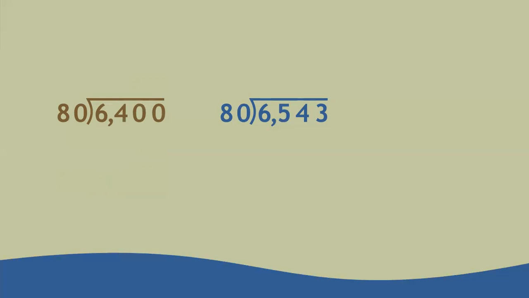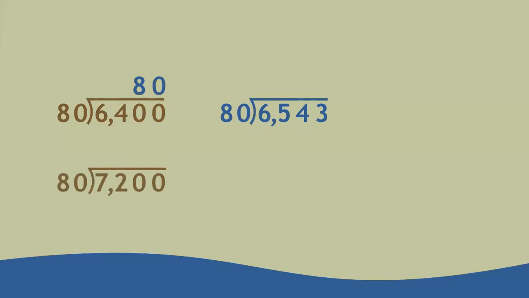So if we were to look at it like that, we could simply put 80 into 6,400, sorry guys, and we would get 80. And then of course you could multiply that out and get yourself 6,400, subtract that from 6,543, have yourself 143 left over, and then fill in the rest. And so that is a way of estimating.